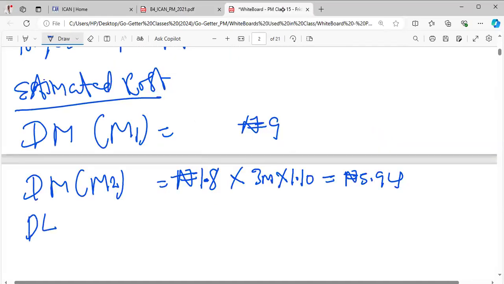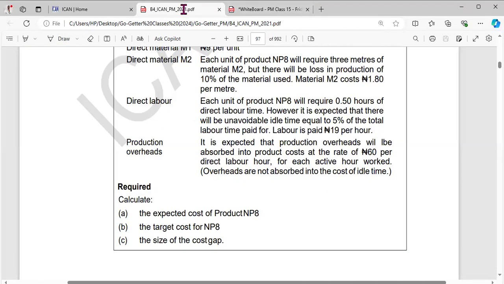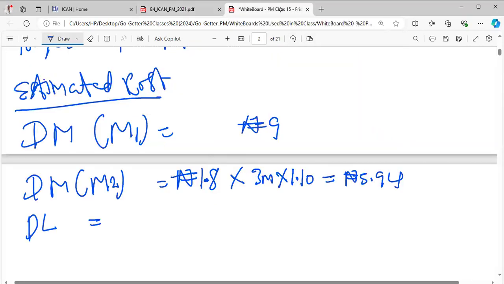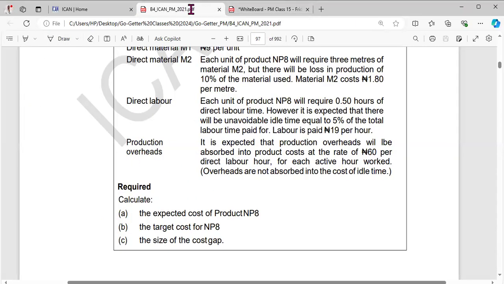Direct labor, they are paying 19 naira and there will be 0.5 hours. So this is 19 naira times 0.5 hours times the expected idle time of 5%.